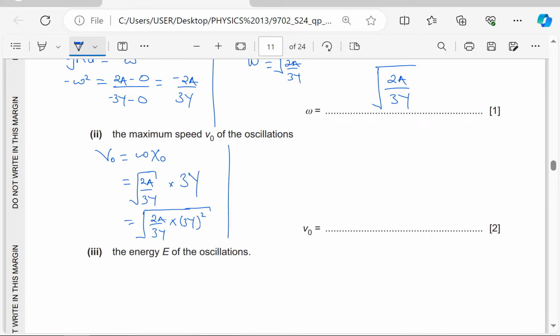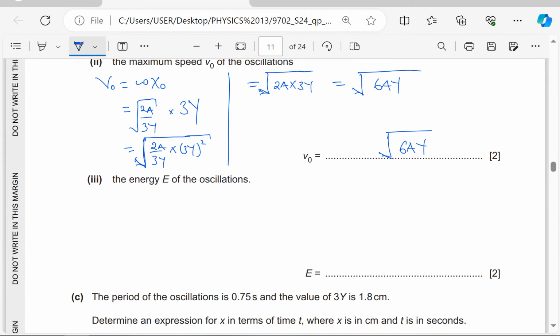One of the squares cancels, so you remain with the root of 2a times 3y, which gives us the root of 6ay. So the answer here is going to be the square root of 6ay. I think I write square root badly.